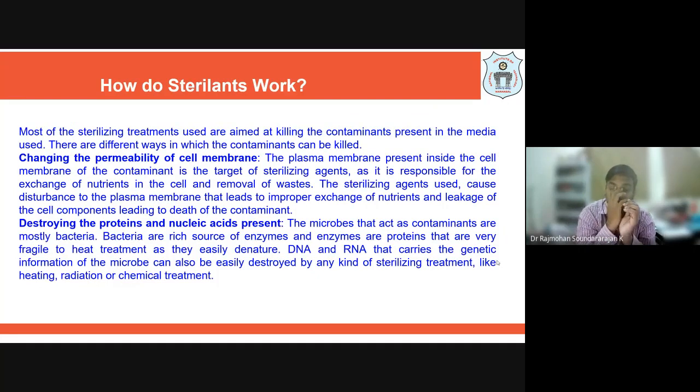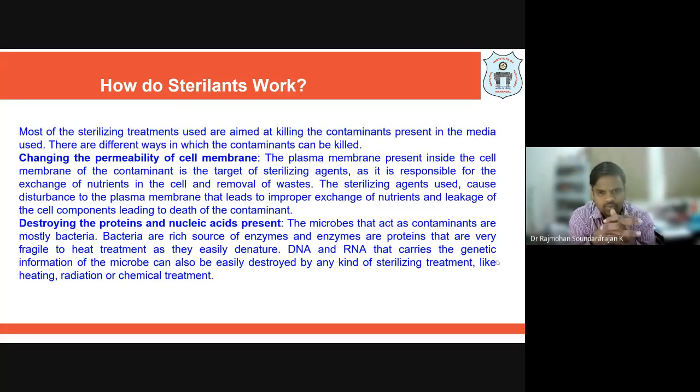Sterilizing treatments are all aimed at killing the contaminant present in the media used. Because we have to kill a microorganism, which consists of a cell membrane, proteins and nucleic acid, how are we going to kill it? That also we have to work out.